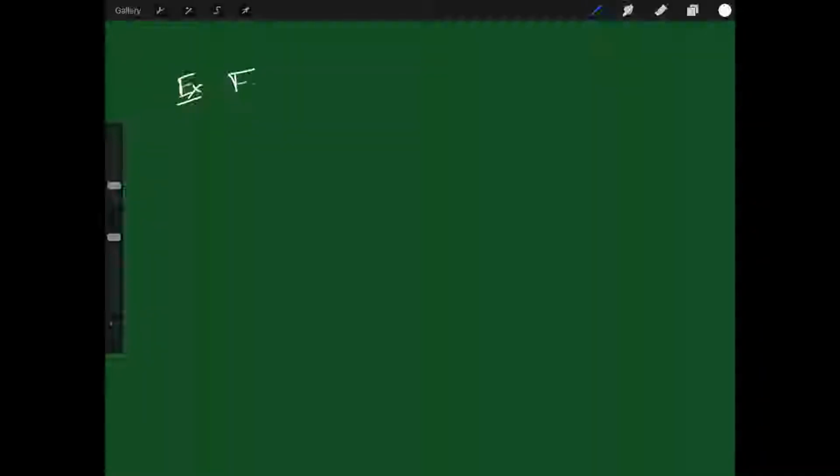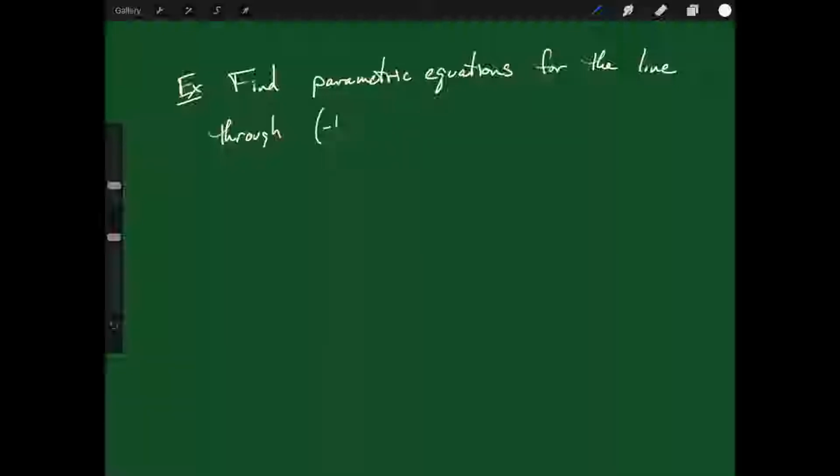Let's find parametric equations for the line through the point -1, 1, 2, parallel to the vector v, which is equal to 2i plus j plus k.